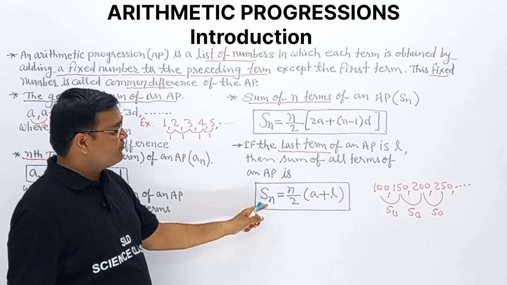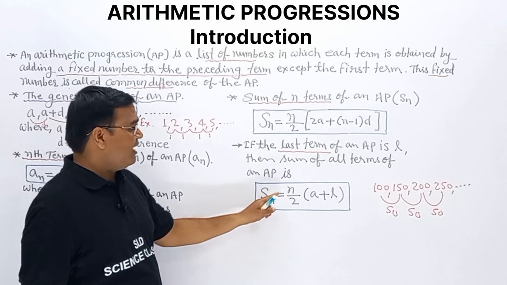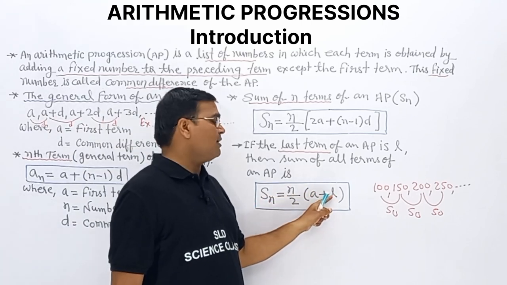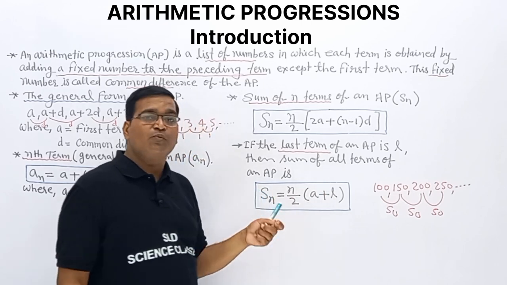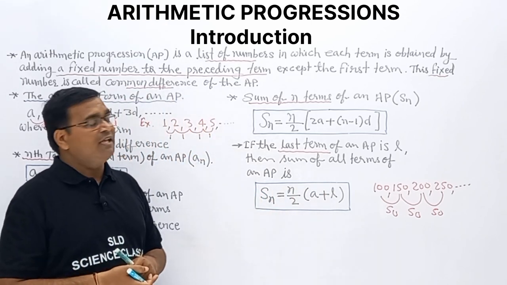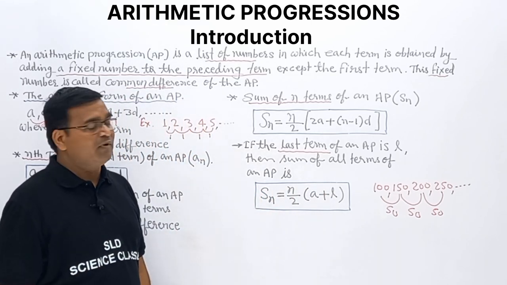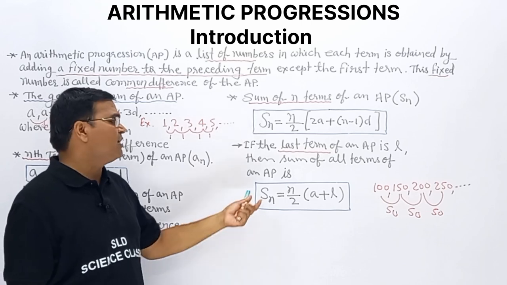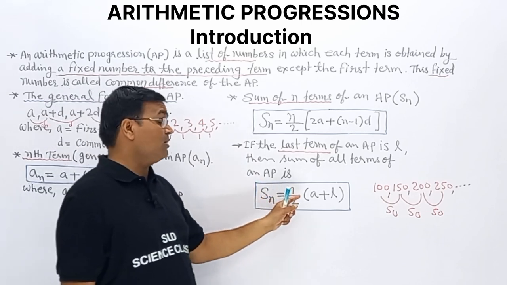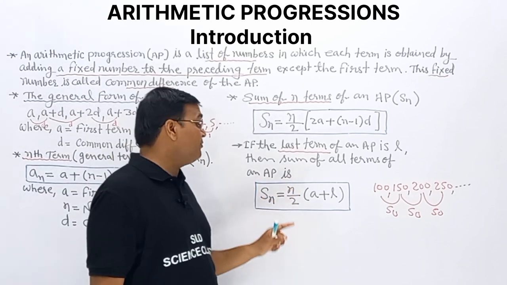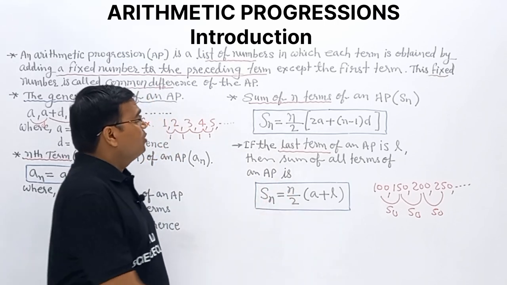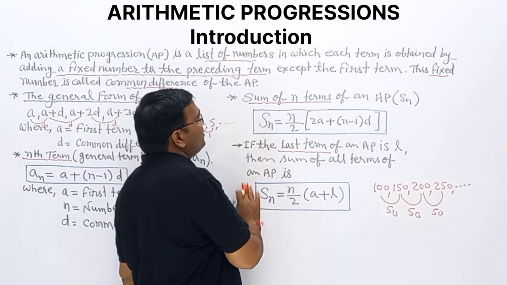If there are 4 unknowns, Sn, n, a and l, out of the 4, once we have 3, then we can find the one unknown. Whatever we require, we can find. When 3 things are given in the question, only then can we find the one. So both are the same. What is the difference?